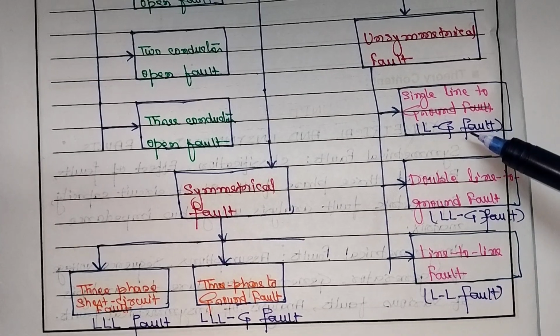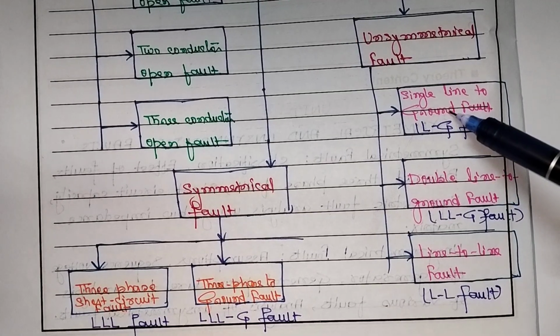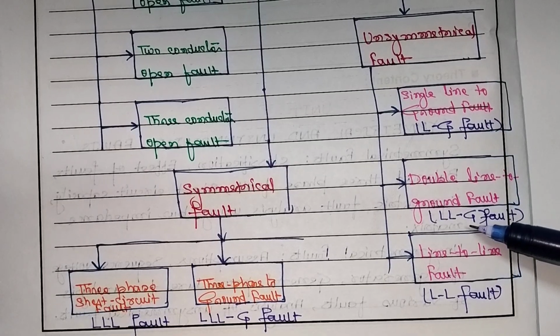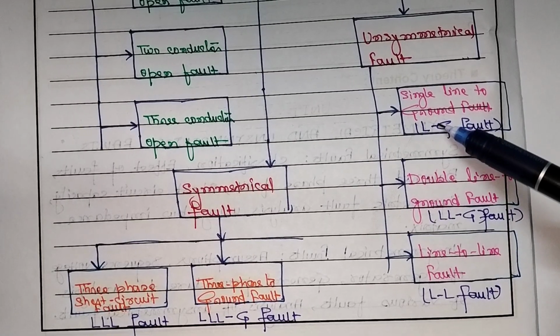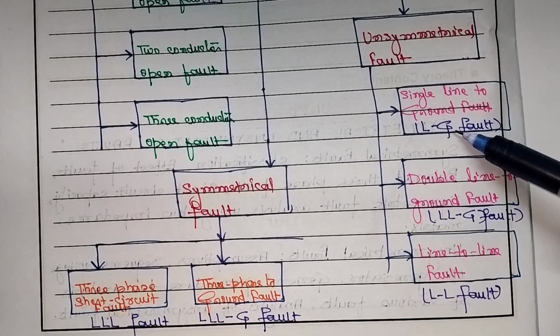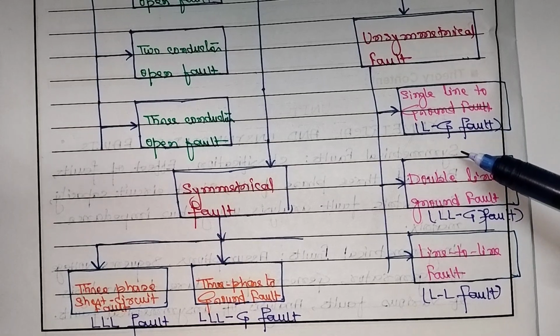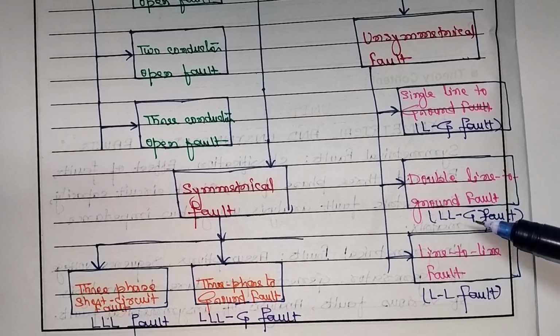In the single line to ground fault, one phase touches the ground. In the next video I will explain with a diagram how it touches, what the effects of that are, and what the mitigation techniques are. Next, we have the double line to ground fault: two phases short together and also touch the ground.